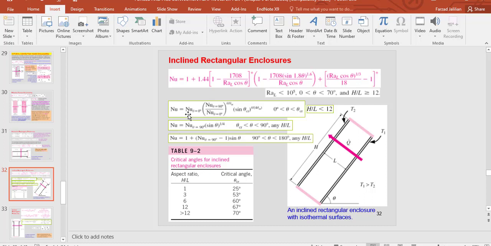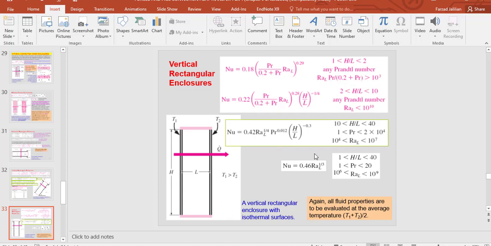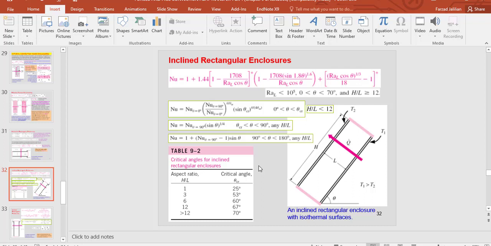Nusselt number in this case is equal to the Nusselt number for the condition when theta is 0 degrees, which you can find in previous slides, times this division, which is the Nusselt number when theta is 90 degrees, which can be found in the next slide, I will tell you, which is for vertical rectangular enclosures, divided by the Nusselt number when theta is 0 degrees, or horizontal enclosure, times sine of that, to the power of these values, which are the angle of orientation, theta critical, and theta, which is the real tilt angle actually.